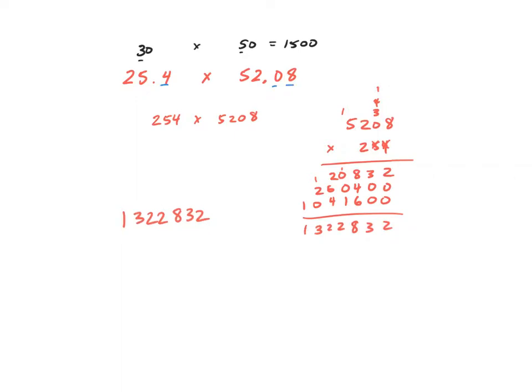So that means my denominator is really going to be 10 times 10 times 10, which is 1,000. So that means I need to shift my number 3 places to the right or move my decimal back 3 places to the left. So my decimal started out right here, 1, 2, 3 places to the left. So my answer becomes 1,322 and 832 thousandths.